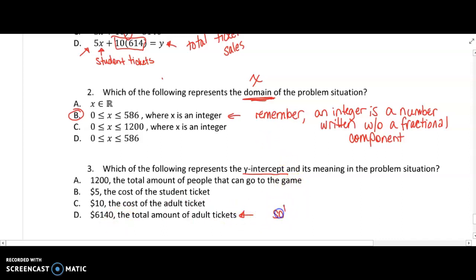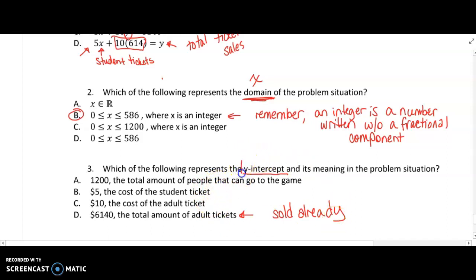That's how much was already sold. $5 is the cost of the student ticket, it's just the price per ticket. $10 is the price per adult ticket. $1,200 is just the total amount of people that can go to the game.